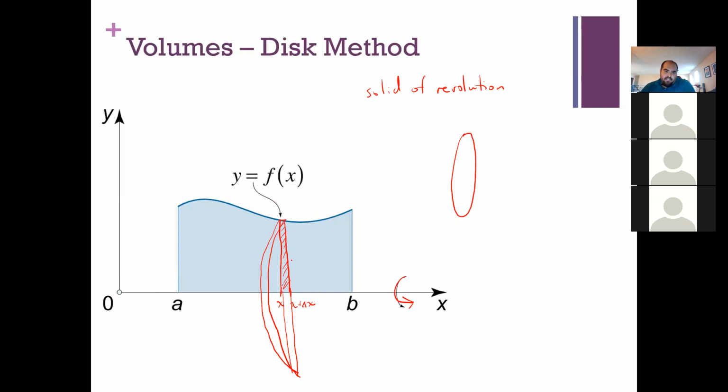But let's expand that a little more, because a circle is really two-dimensional. If I take that rectangle and spin it around the x-axis, I get something that exists in three dimensions. Yes, it has a circular cross section, but it does have a thickness to it. So what is that shape really? A cylinder. That's going to be a cylinder.